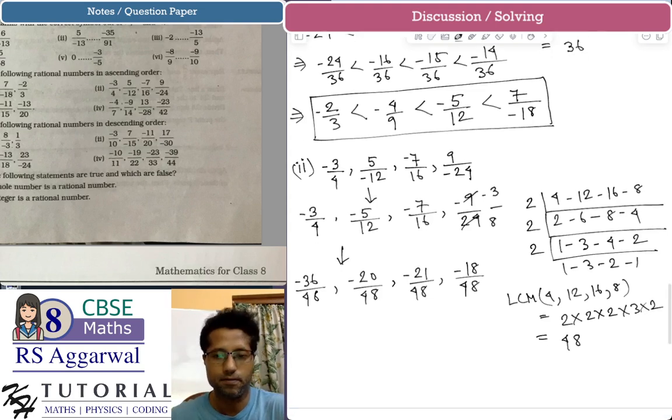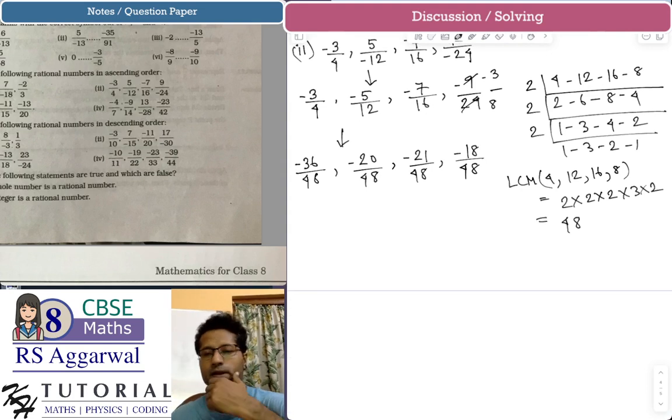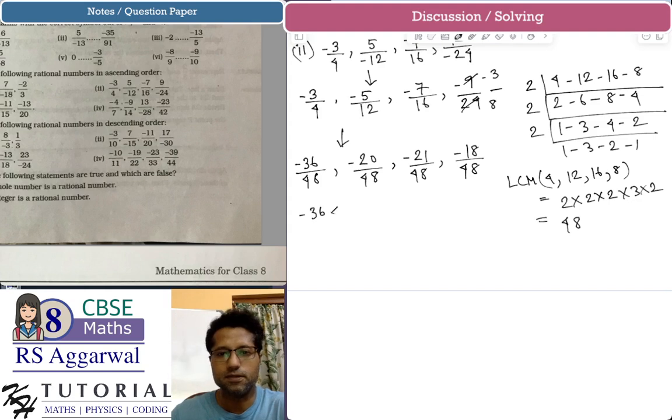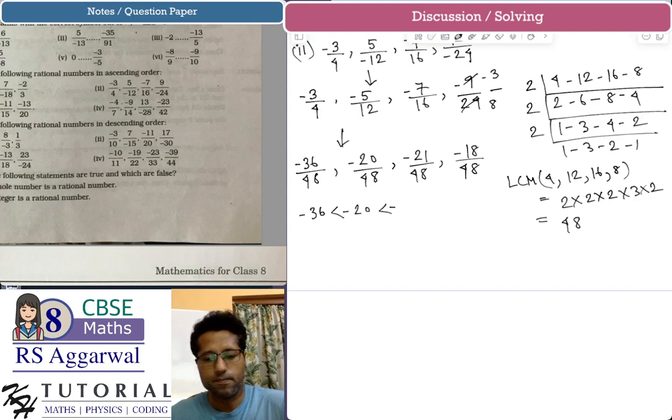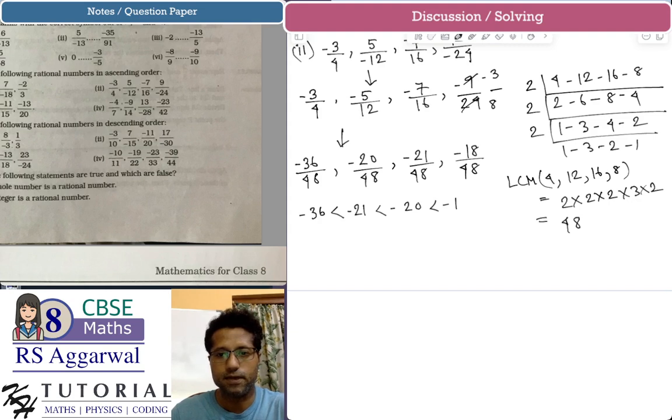We will now compare them based on the numerators, and we can clearly see that the numerators arranged in ascending order will be minus 36 is less than minus 21 is less than minus 20 is less than minus 18.